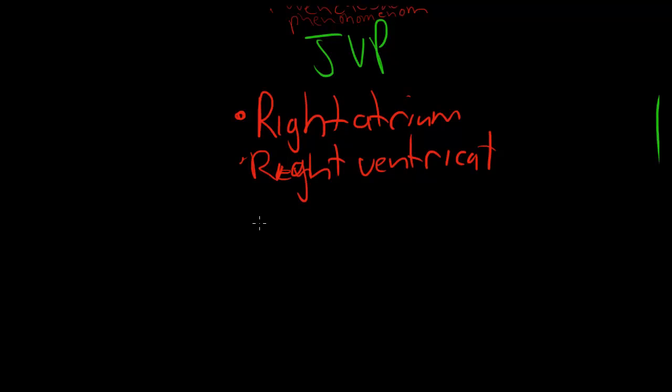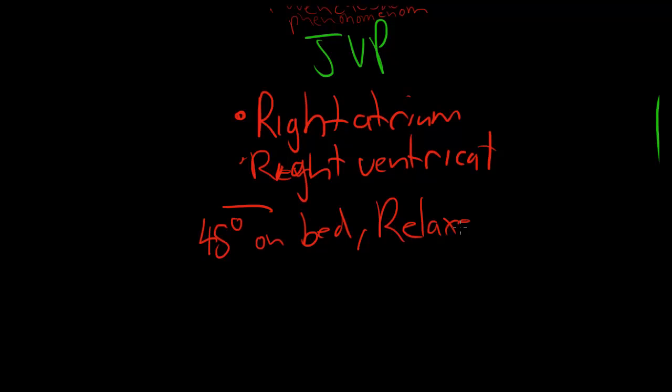Alright, so when you're looking at the JVP, you need to have the patient at 45 degrees on the bed, relaxed, because you don't want any of the muscles in their neck, like the sternomastoid, popping out and getting in your way. So that's why you have them in a relaxed position with their head down on the bed at 45 degrees.